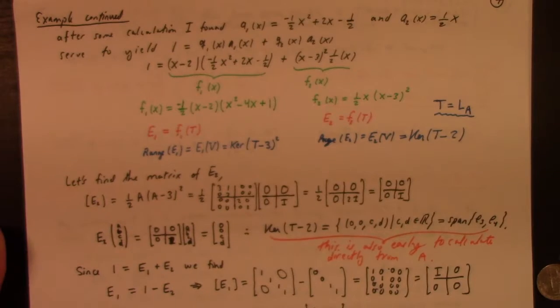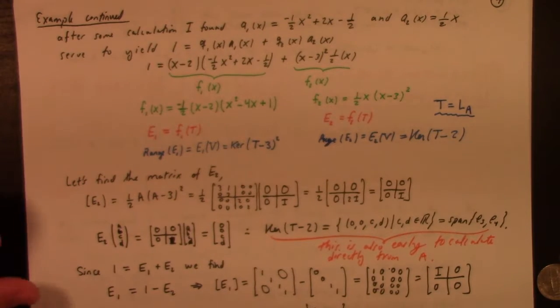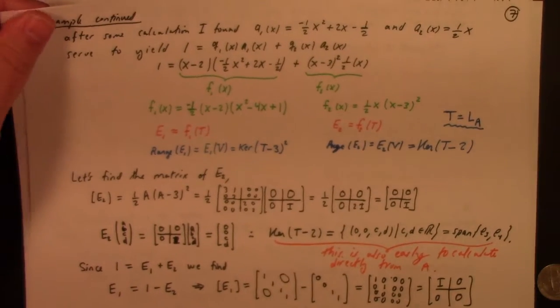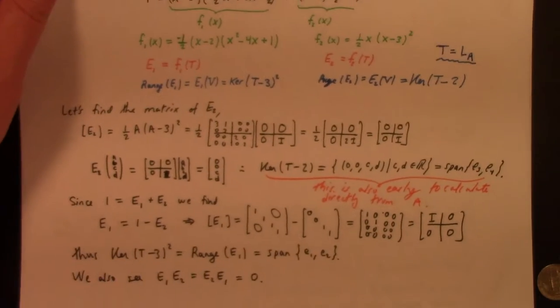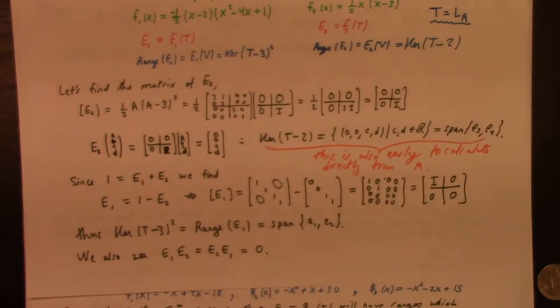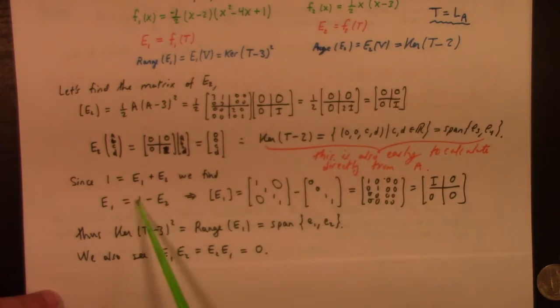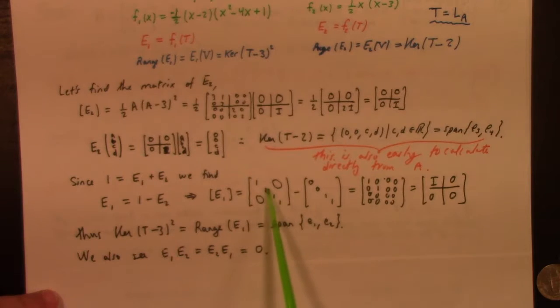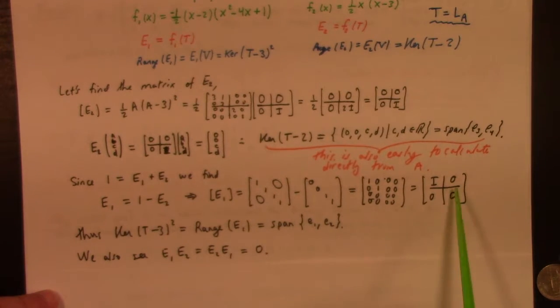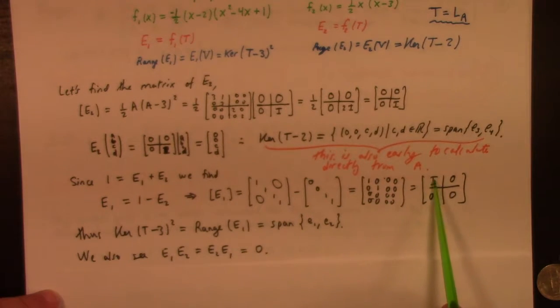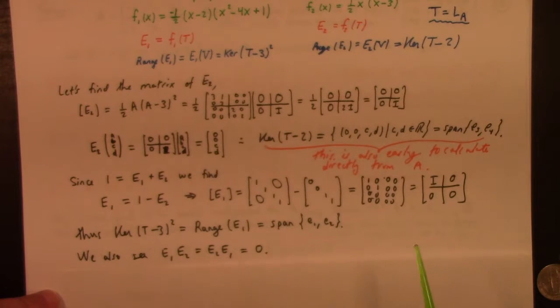And then just to be lazy, I said, okay, to find e1, and I'll be less lazy in the next one, I suppose, e1 is 1 minus e2, which is this minus that, which is the other projection onto the first two components, I, 0, 0, 0.